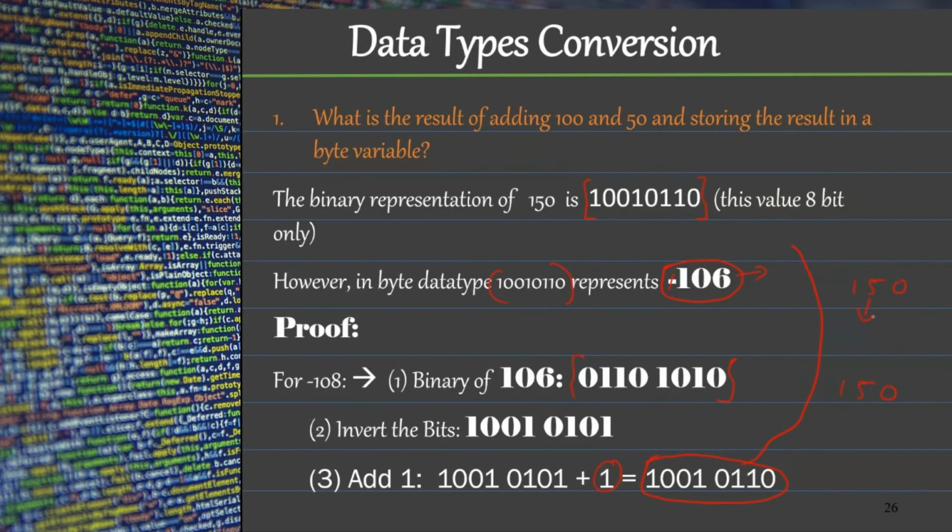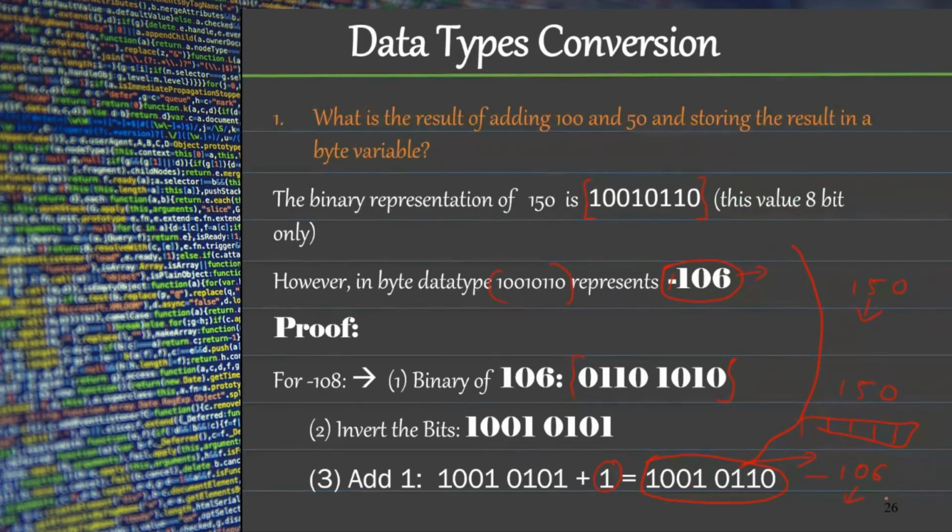So 150 is calculated as a binary number, and the compiler stored this binary number into 1 byte. No problem, I will store it as a binary number. But when I'm retrieving this value, because we are in the byte data type, it says this is representing minus 106, and not 150.